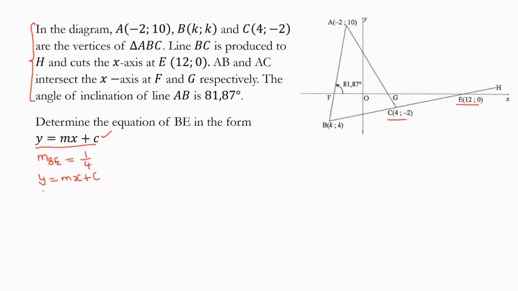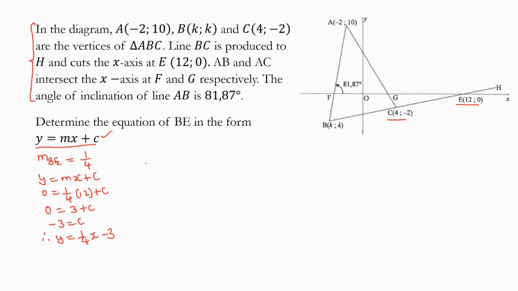So 0 is equal to 1 over 4 times 12 plus c. So 0 is equal to 3 plus c, so negative 3 is equal to c. Therefore, y is equal to 1 over 4 x minus 3.